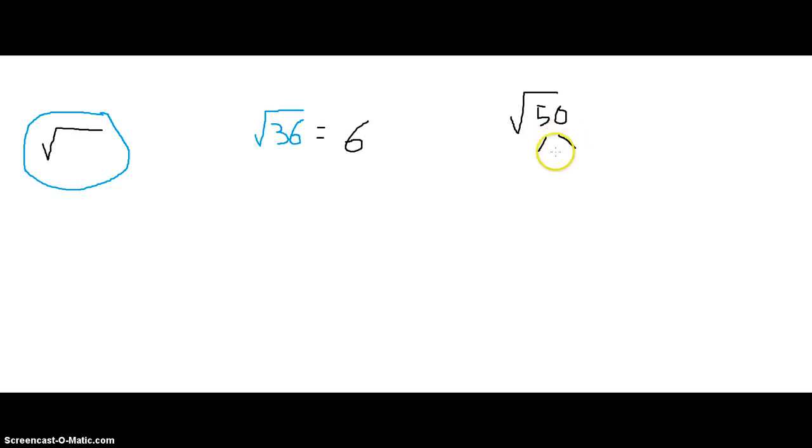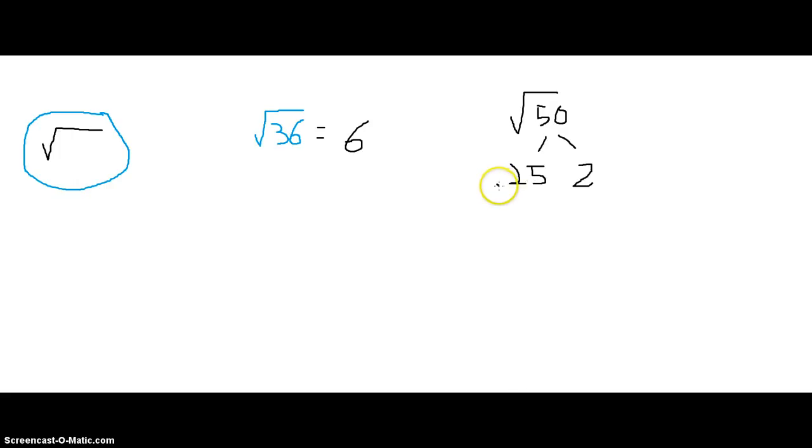So we learned these little tree branches from Miss Byrne, from you, and I think from Miss Stevens in 8th grade. You find two numbers that go into 50. Let's do 25 and 2. You think you're done? No. 25 and 2 is good, because I found the largest factor of 50 that has a perfect square root.